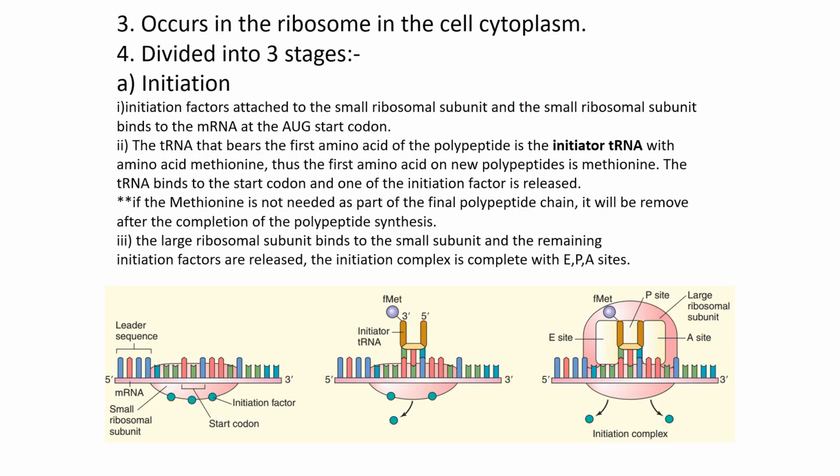Now translation occurs in the ribosome. Transcription occurs in the nucleus, and translation occurs in the ribosome in the cell cytoplasm, and is divided into 3 stages: initiation stage, elongation stage, and then termination stage.